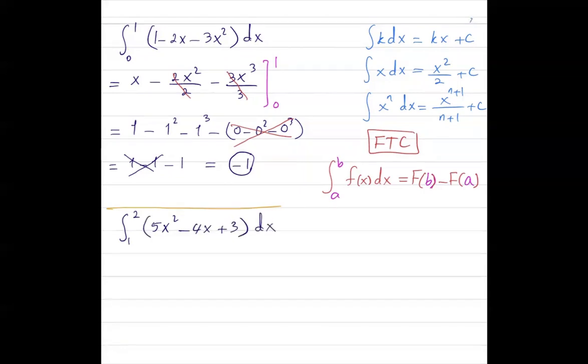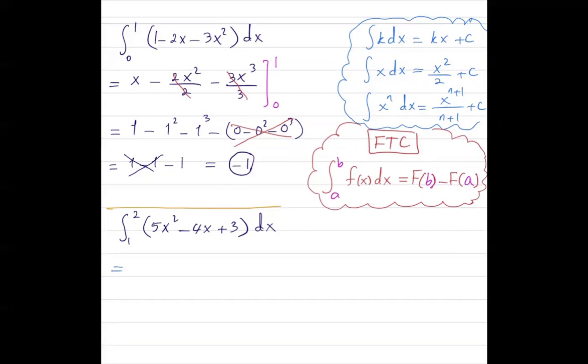Following the same sets of formula and the fundamental theorem of calculus, this integral can be written as 5x cubed divided by 3 minus 4x squared divided by 2 plus 3x, as x is ranging between 1 to 2.